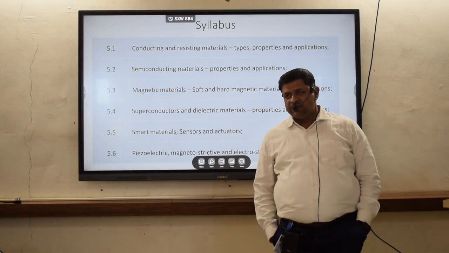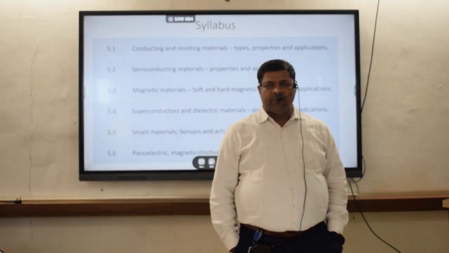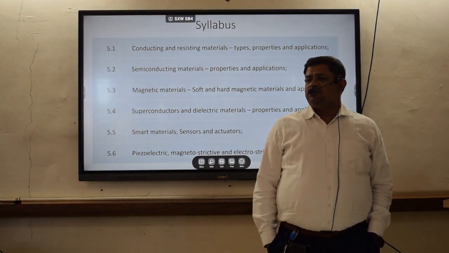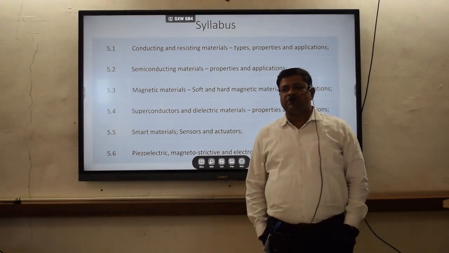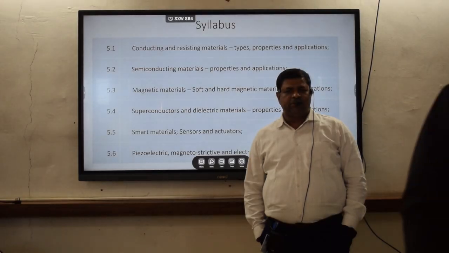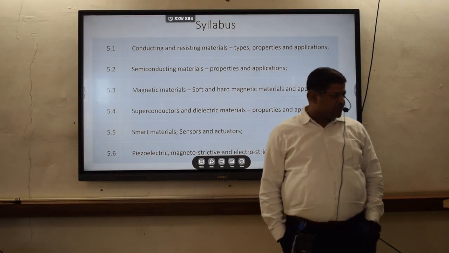Smart materials are also there, like sensors. As you are going to become robotic engineers in future, maybe, you will be in close contact with sensors, various switches and all that. So we are also going to learn about the different types of sensors and actuators which are used.